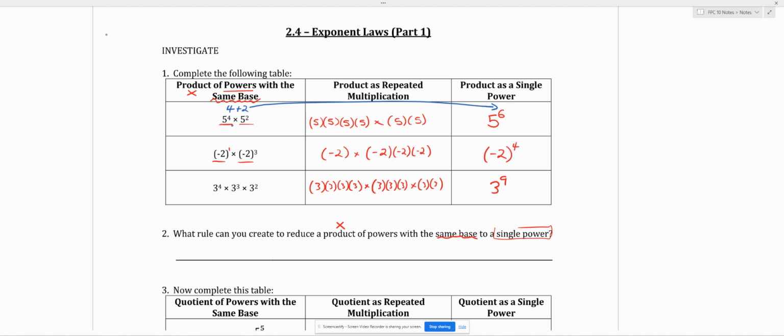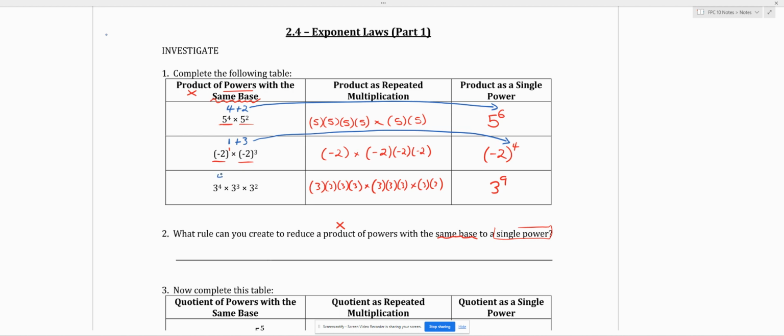Which makes sense. This is saying I have four 5s being multiplied plus 2 more 5s being multiplied, so in total I have six 5s being multiplied. Same thing here. I have one -2, and then I'm going to add 3 more -2s, so I'm adding the exponents, which is the same as saying four -2s being multiplied.